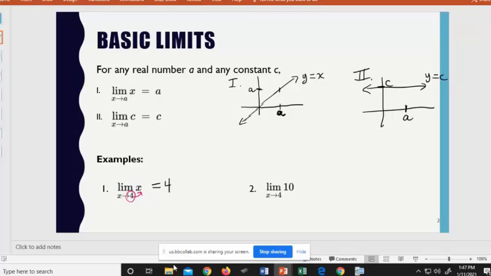Now, the limit of 10 as x approaches 4. What is that one? 10, right? Because the y value is always 10, wherever you look on that line. Okay, good. It stays the same, right? Yep. It's going to be a little bit more complicated. You're right, but we need these basics to move forward with some of those other properties. Okay.